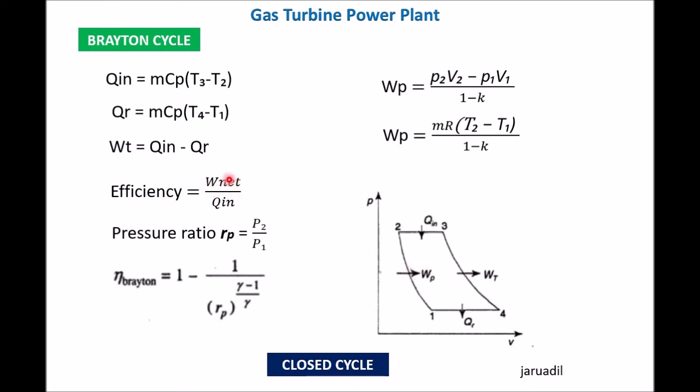So the WNet is what is delivered to the generator. This is the useful output, and this is your input. Efficiency is output divided by input. The useful output is the work received by the generator. The gross work done by the turbine is divided into two, and some part of it is delivered to the compressor. So, WNet is equal to the gross work minus the work of compression.